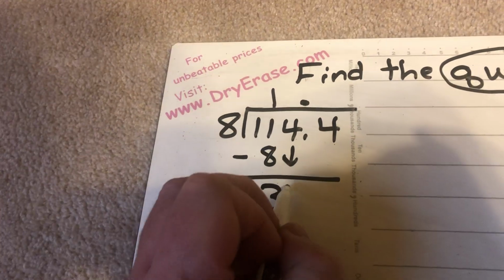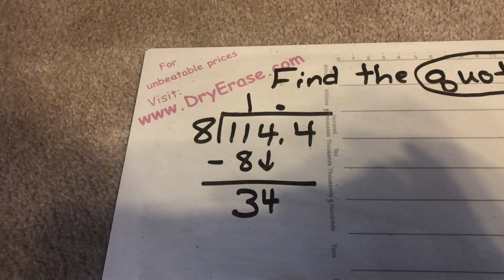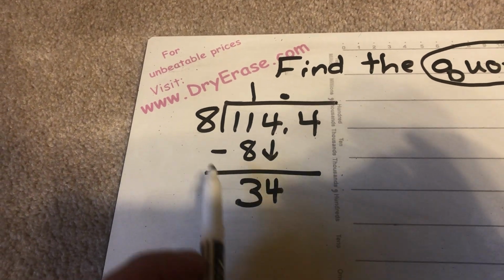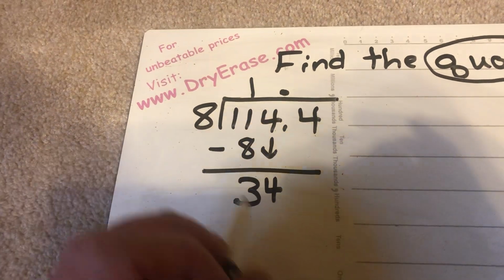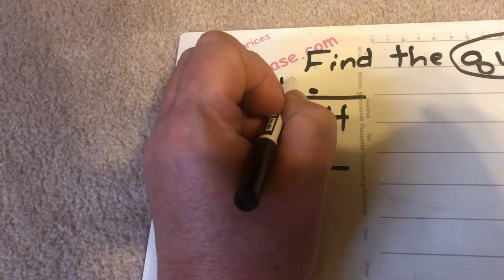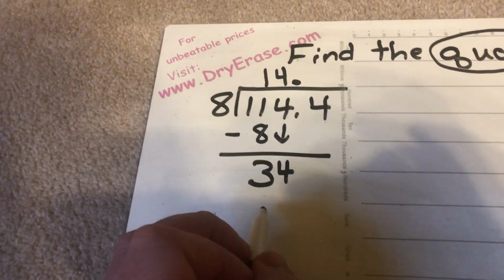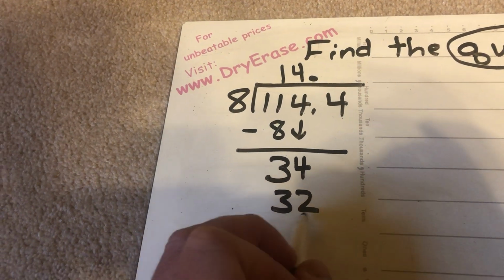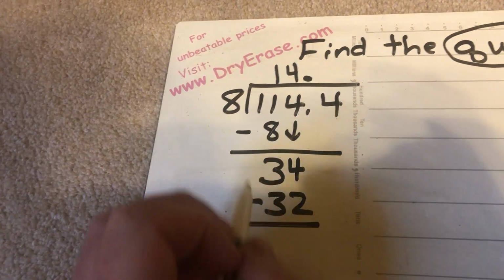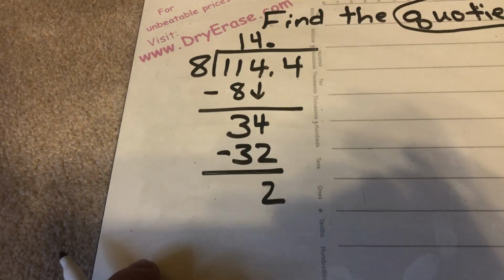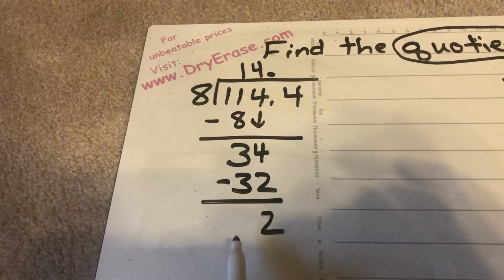And I'm going to go ahead and bring the 4 down. And after I subtracted, I got 3 because I like that, because that's less than 8. 8 can go into 34, I believe 4 times, because 4 times 8 is 32. 34 minus 32 is 2, and I like that because 2 is less than 8.